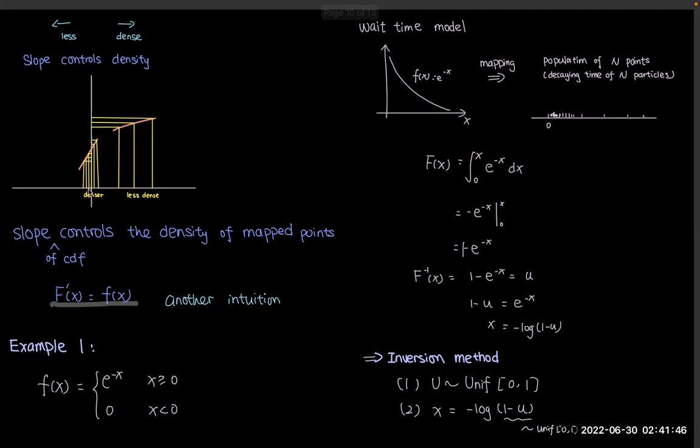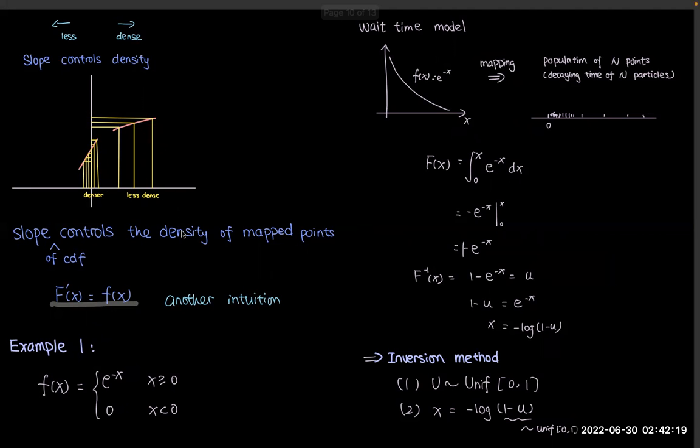You see it is quite dense here. But if you have equally spaced u here, but the slope is low, and you get your x, then it is less dense, right? It's quite sparse. So the density after this inversion mapping is determined by the slope of this curve. And the slope of big F is exactly the density small f as we discussed before. So the slope controls the density for the points on x.